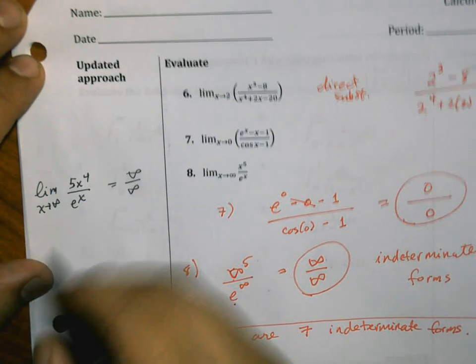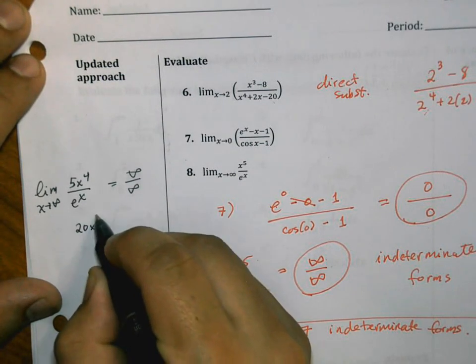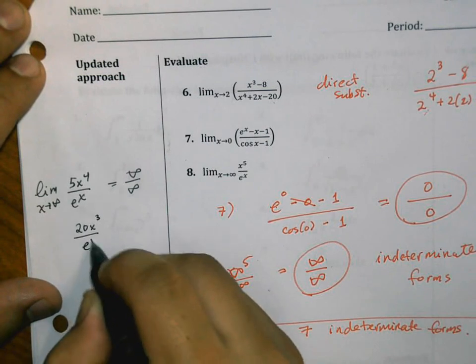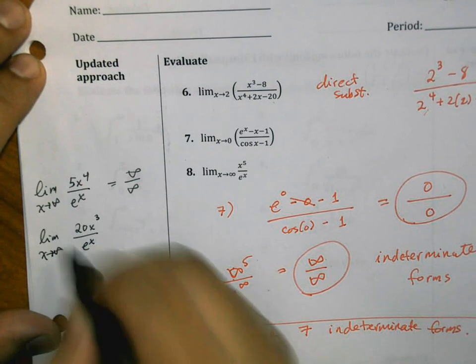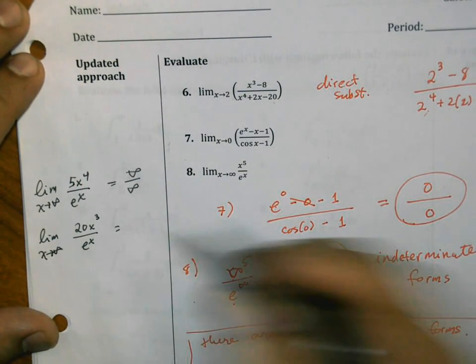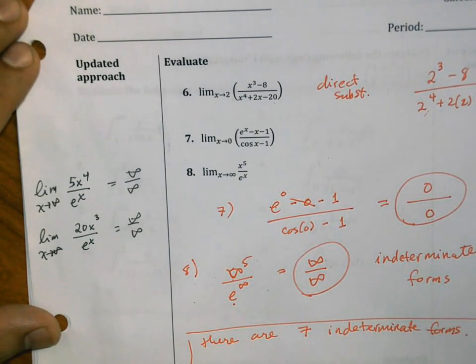So that's indeterminate. So take the derivative again. It becomes 20x to the 3rd over e to the x. And that again is infinity over infinity. And you can kind of see where we're going with this.